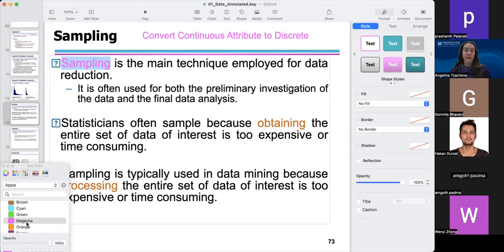And if that's the case, then this is called sampling. We're going to take a sample at 60 and another sample at 61. And we're just going to record those two numbers instead of the infinite numbers in between. So it is a technique for data reduction.